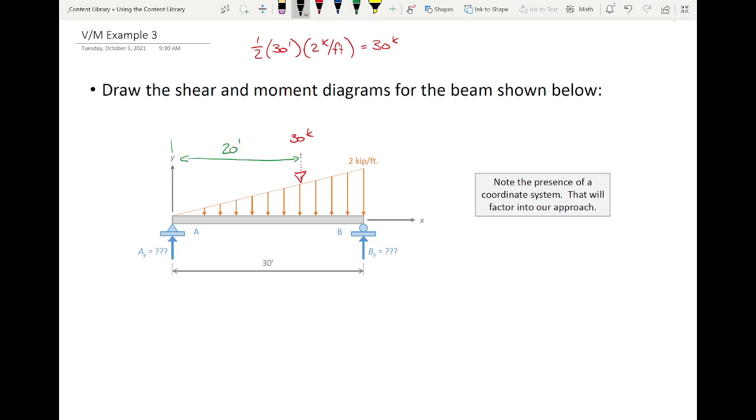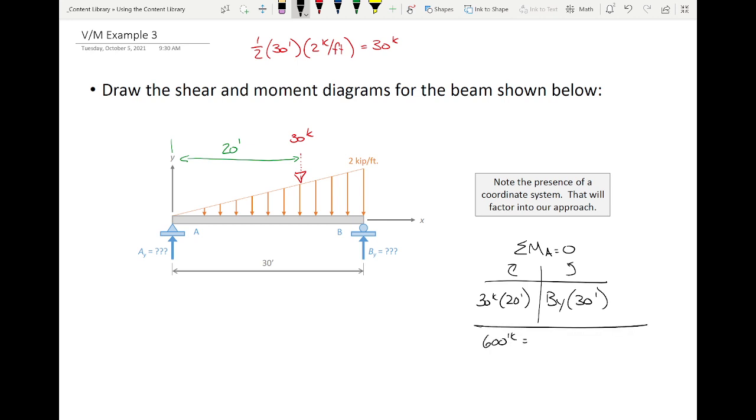So if I sum moments about A, I have 30 times 20 and B times 30. I get that, right?